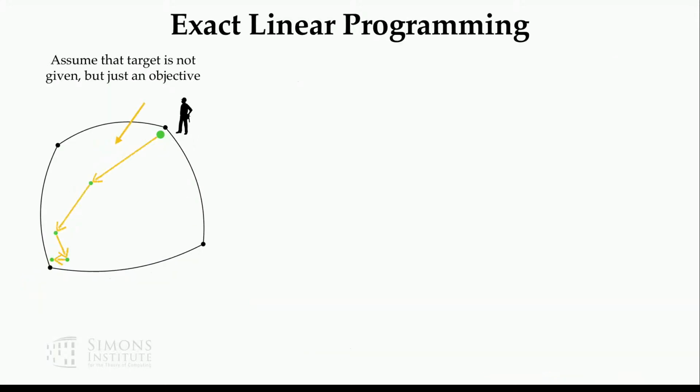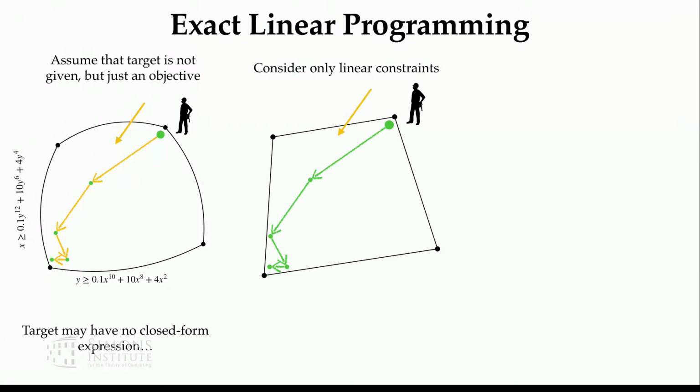And there are natural barriers to that, because I didn't tell you how I define my convex body. It can be defined by some very annoying convex polynomials, where there's no closed form expression for describing the treasure, so we even have to make a bit more assumptions.